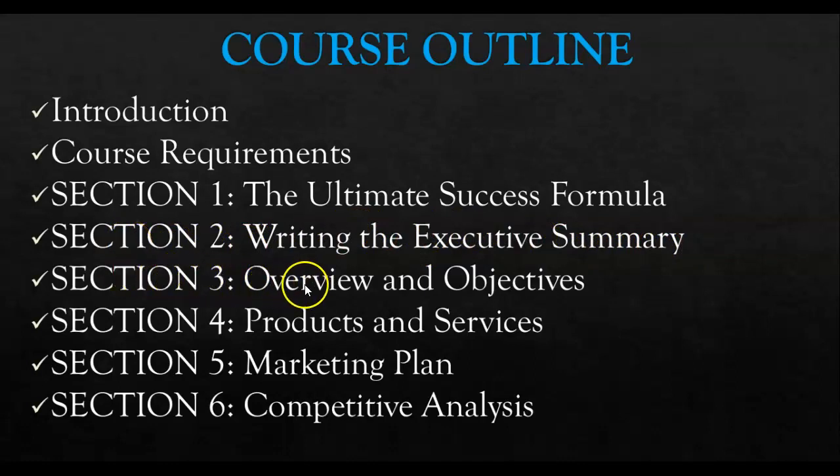Section 3 will look at the overview and the objectives of the business. Section 4 will deal with the products and services. Section 5 will talk about the marketing plan. Section 6 will talk about the competitive analysis.